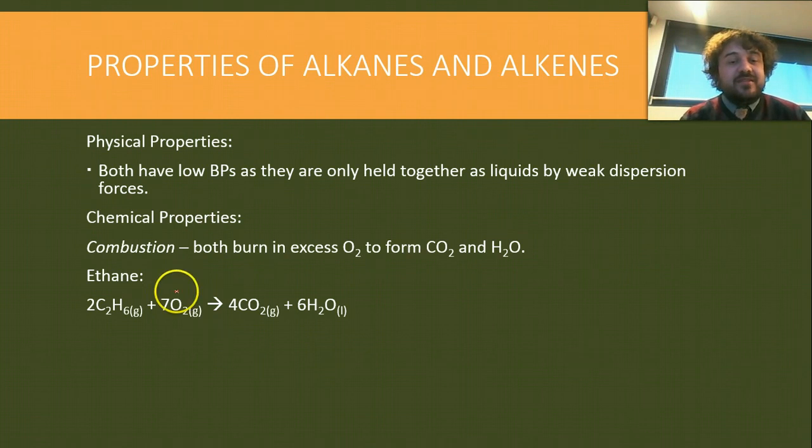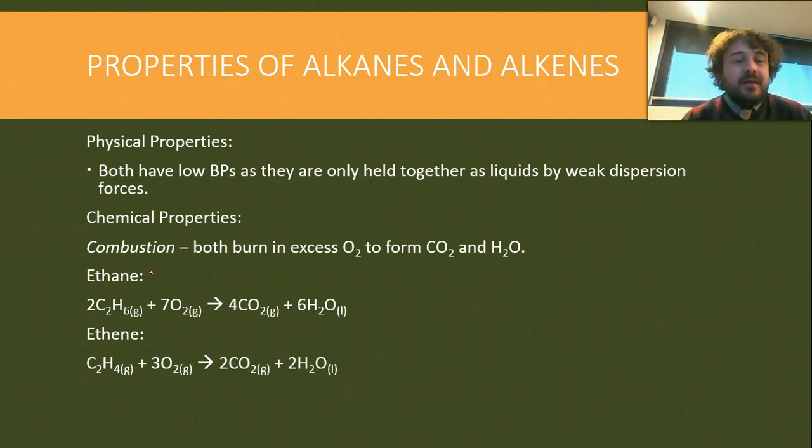If the limiting reagent is ethane, you will get that. If the limiting reagent is oxygen, you'll start to get carbon monoxide or carbon and other products, which means it's not burning as cleanly. Ethene: C2H4 plus 3O2 gives you 2 carbon dioxides and 2 waters.